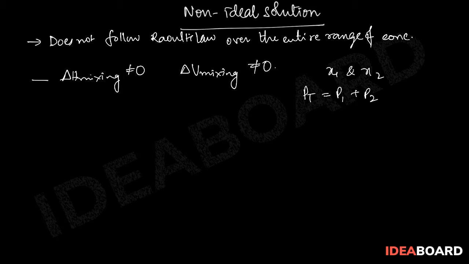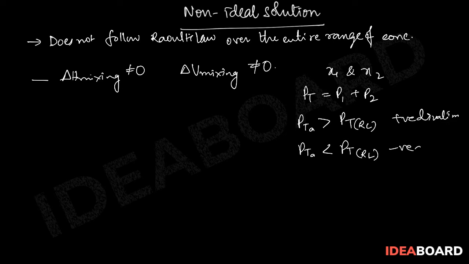Now if actual pressure P total actual is greater than P total as predicted by Raoult's law, then it is positive deviation, and if actual vapor pressure is less than the vapor pressure predicted by Raoult's law, then it is negative deviation.